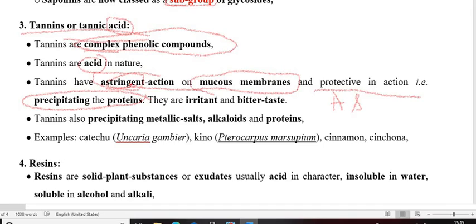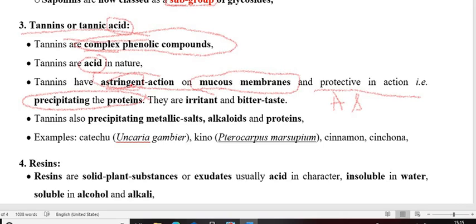So when you apply an astringent over a bleeding surface area of the skin, it is going to coagulate it and form a clot. So it will check the hemorrhage over the surface. Which one? The astringent, or the tannins.